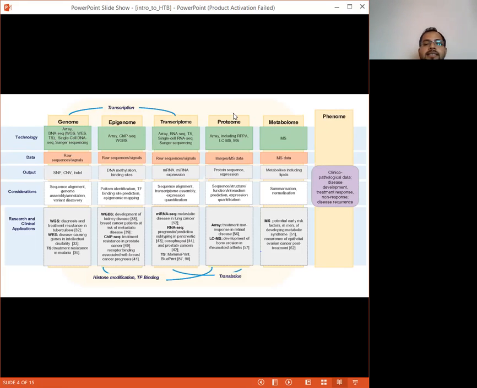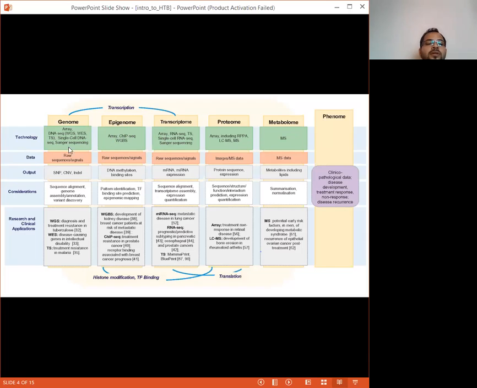For analyzing such different kinds of data, we have different technologies. You can see array based technologies, or DNA-seq, whole genome sequencing, whole exome sequencing, targeted sequencing, single cell DNA sequencing, Sanger sequencing; all these are used to analyze genomic data. Similarly, there are multiple technologies available for epigenomics, transcriptomics or other data.